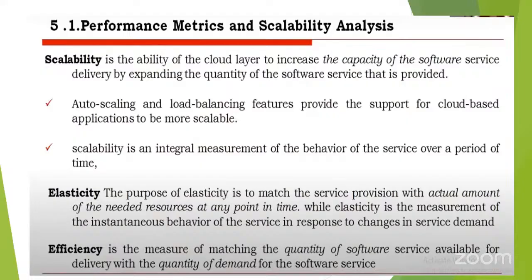Sometimes if the target is exceeded, it is also able to serve more than 1 lakh people. If that is there, it means that app has a scalability feature. If the scalability feature is there, definitely you can say the performance of this app is very good.